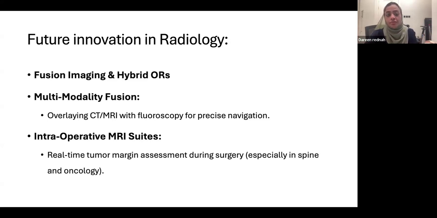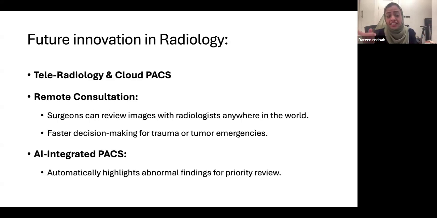Fusion imaging and hybrid OR: multimodality fusion, overlaying CT, MRI, fluoroscopy for precise navigation, intraoperative MRI suites. Teleradiology and cloud PACS. Now we are in Riyadh in my hospital. We received a teleradiology report, remote consultation. They have access to our cloud PACS.